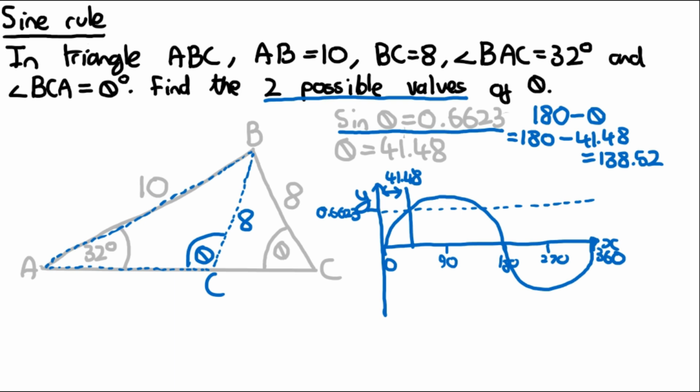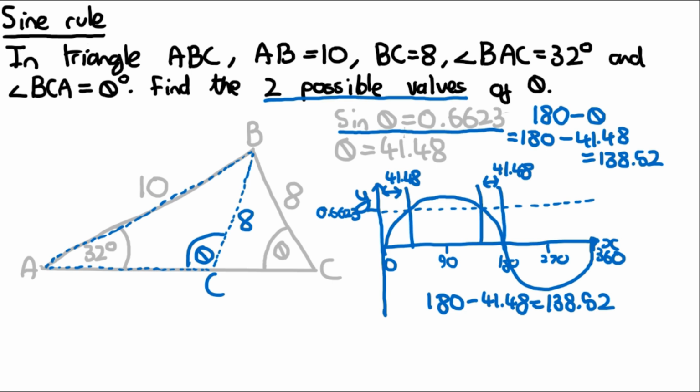And as a sin graph is symmetrical, the difference between 0 and this point is going to be the same as the distance between 180 and this point. It's going to be the exact same distance, 41.48. So therefore, this point is going to be 180 minus 41.48, which is equal to 138.52.